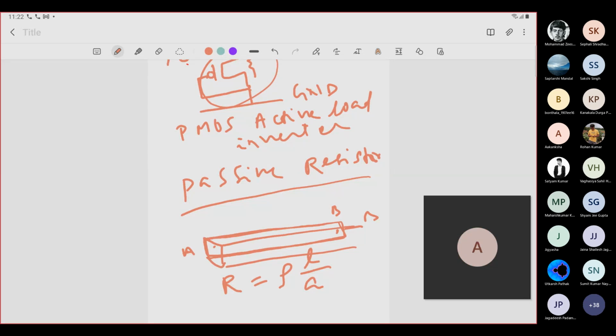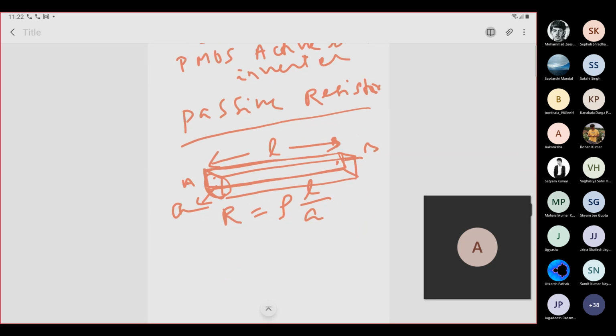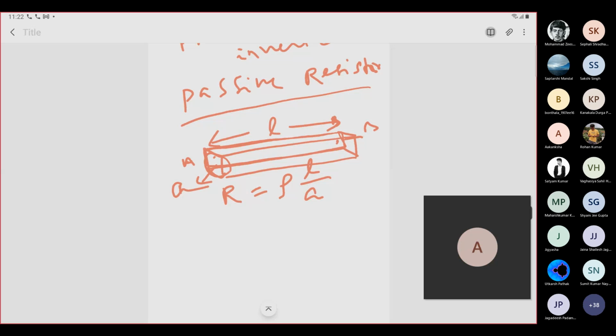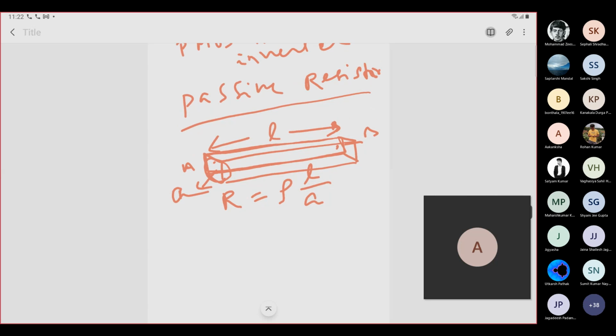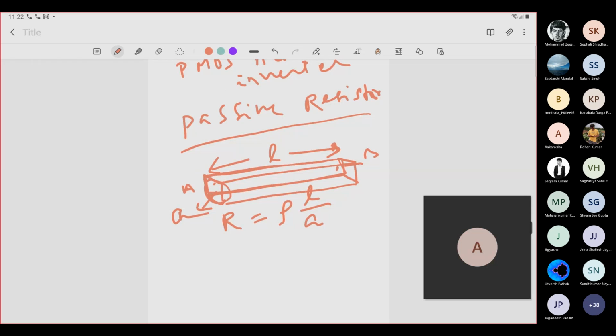Suppose this is your cross-sectional area, small a, which I take because I have already used A and B for the nodes. Since this is L, the total resistance you will get is R equals rho into L by a, which you know from physics and circuit point of view, where rho is your resistivity.